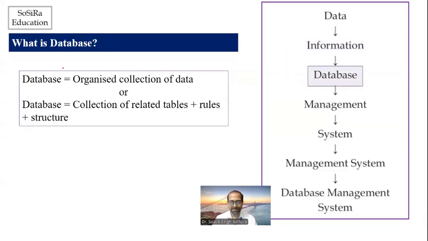Now let's move from information to the word database. What is a database? A database is an organized collection of data. This definition we have known since childhood. Let me put it in other words. A database is a collection of related tables plus certain rules plus certain structure.